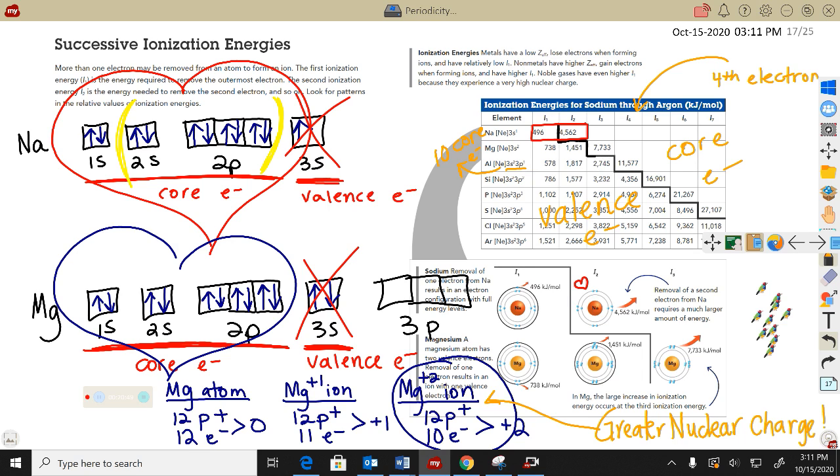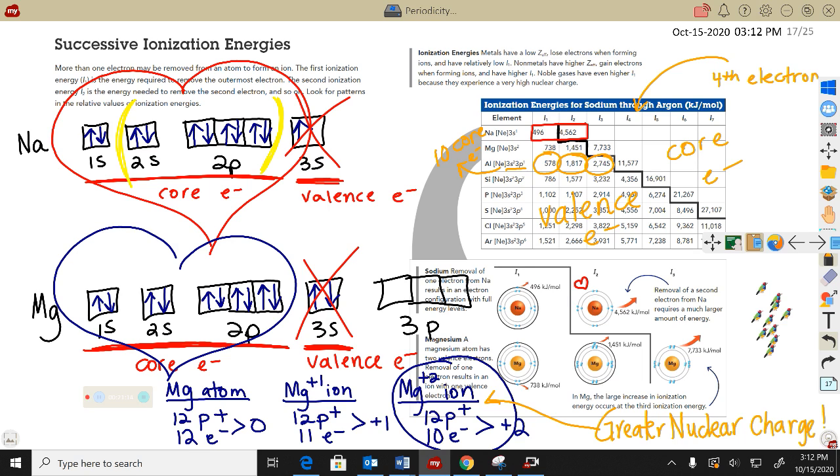It's more stable to lose 3. So I'm okay losing 1 electron, losing 2 electrons, losing 3 electrons, but we don't want to lose 4. That's going to be one of the core electrons. I don't want to lose the 4th electron. We never want to lose the stable core.